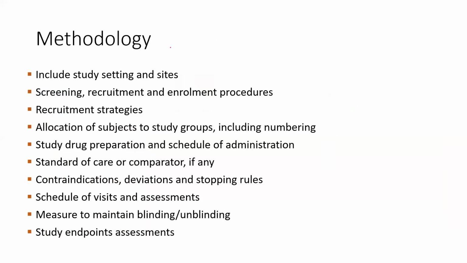Now, methodology. We have designed the goal. How you are going to measure your objectives and goals, this you have to list down in your protocol, including study setting and sites. How many sites are involved? Maybe 10 sites, 5 from India, 1 from US, 3 from Europe, 1 from another country, like that. How you will screen patients if you are doing a trial on diabetic patients? How you will recruit?